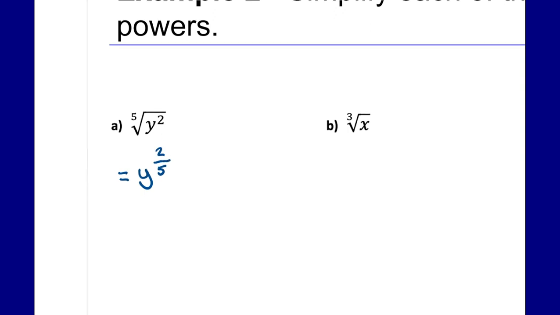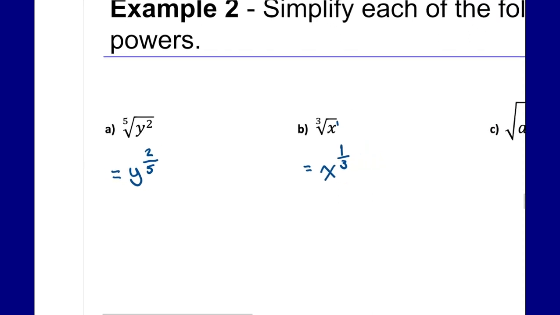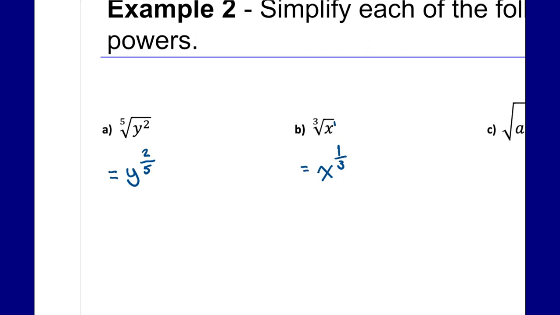So this is the same thing as saying y to the power of 2 over 5. For B, the cubed root of x. Remember, x has a power of 1. If we don't see an exponent, we assume it's 1. So this becomes x to the power of 1/3. The index, or the root, becomes the denominator.